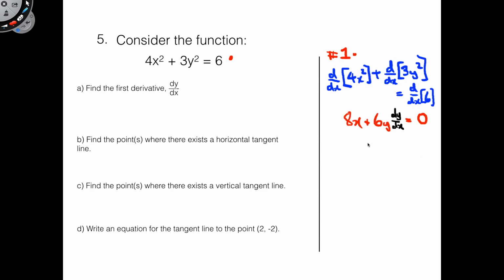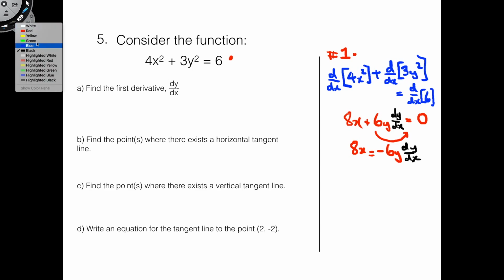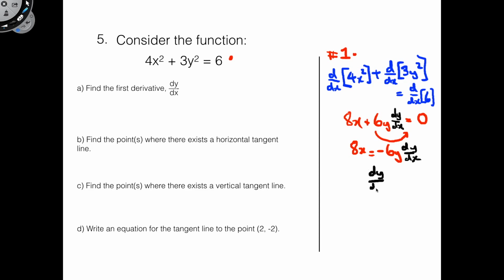Right, now solving for dy/dx, you just move this over to that side. You get 8x equals negative 6y dy/dx, and solving for dy/dx simply yields dy/dx equals negative 8x over 6y, which can be simplified to negative 4x over 3y.